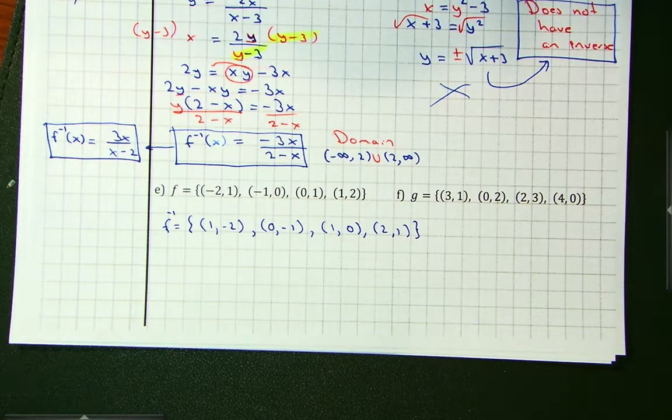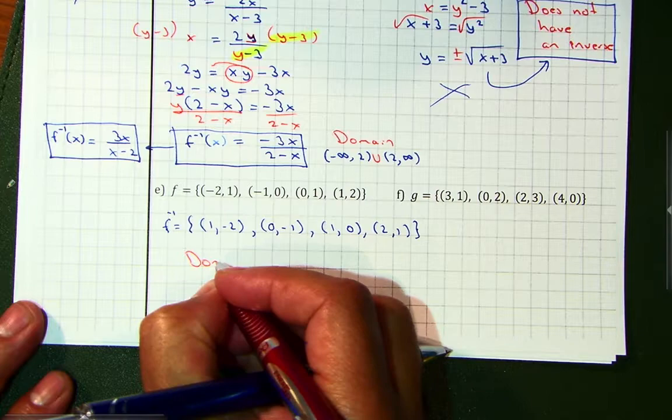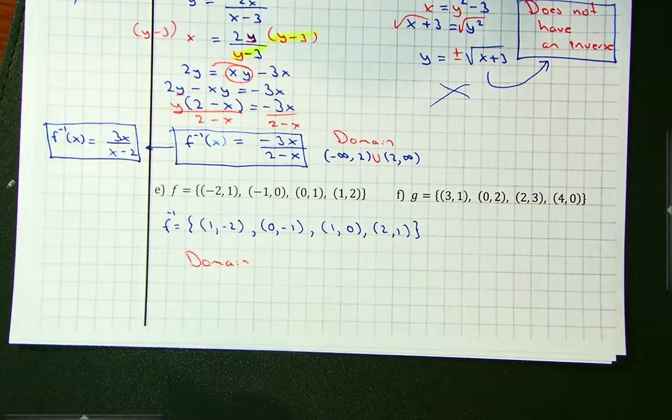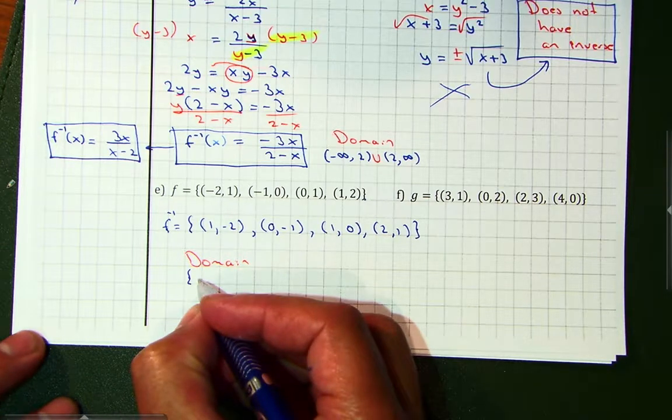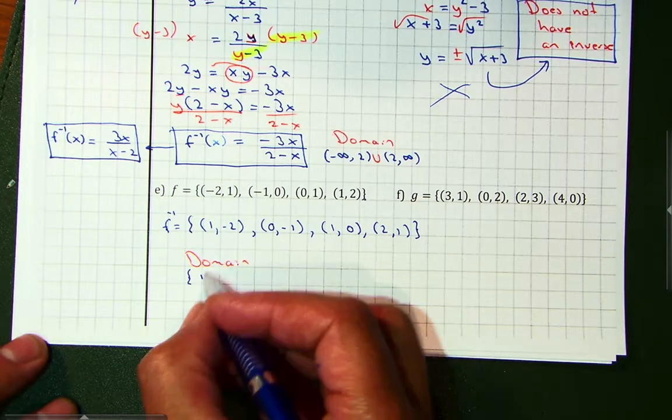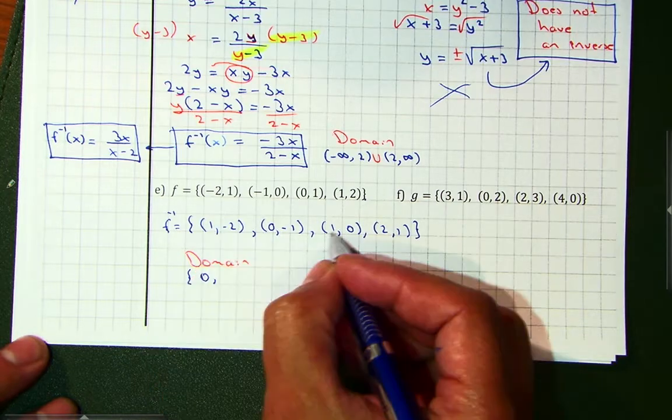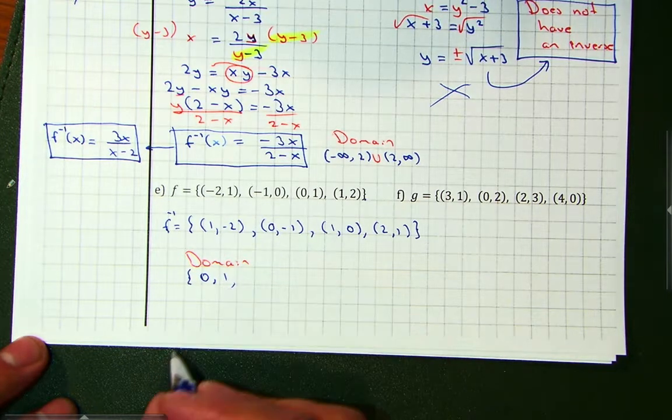Your domain, they used to be the y values, now are the x values. Let's write down from the smallest one, 0, 1, we just need to write down once, and 2.